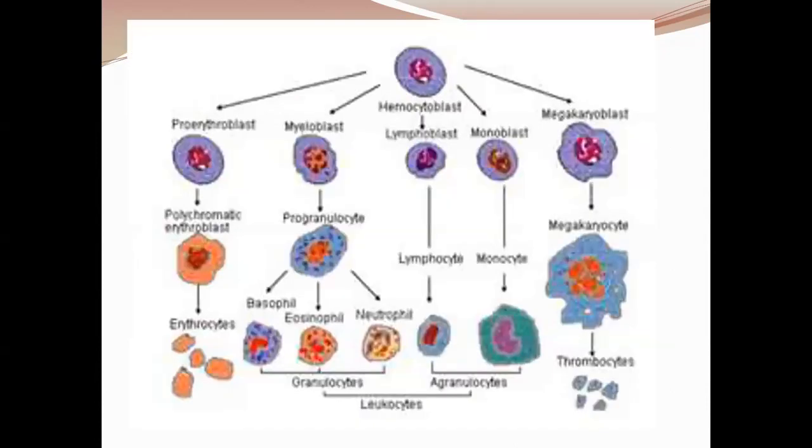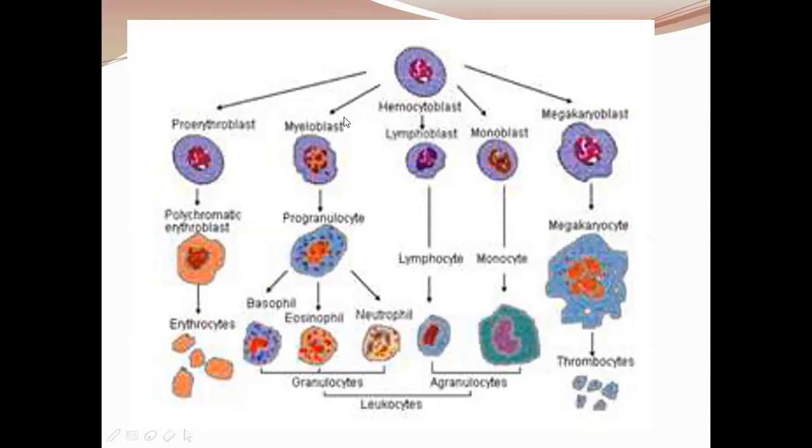Now, if you look at this slide, this is the basic cell, the hemocytoblast, from where we develop many different types of cells like proerythroblast, myeloblast, lymphoblast, monoblast, and megakaryoblast. From the proerythroblast, the cells derived are the erythrocytes or red blood cells.